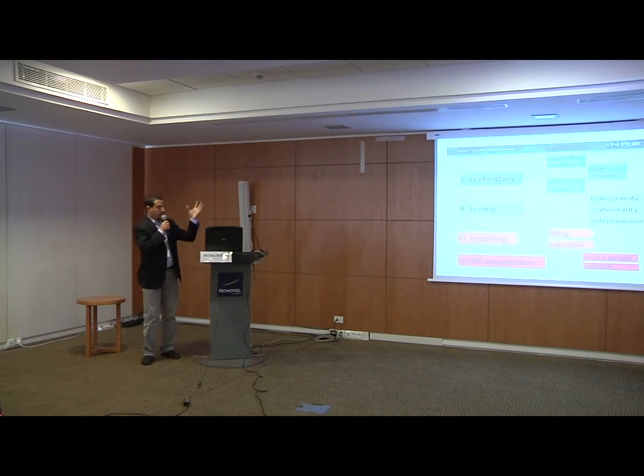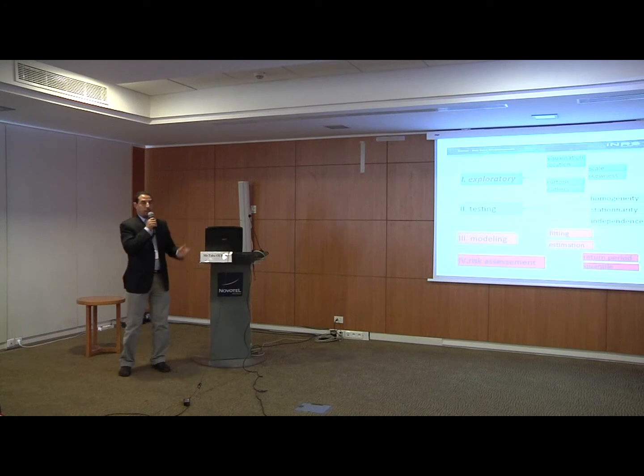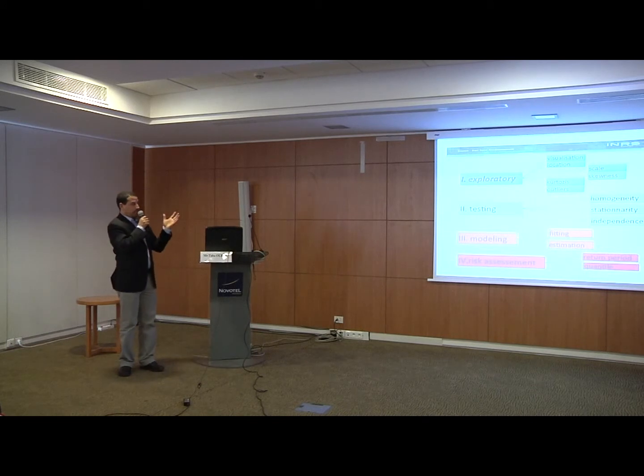Now I'm going to detail each one of these steps. The first one is the exploratory analysis. We are interested in visualizing data, to evaluate location, scale, skewness, curves, outliers, and all this stuff. The second step is testing, which Taha already mentioned.